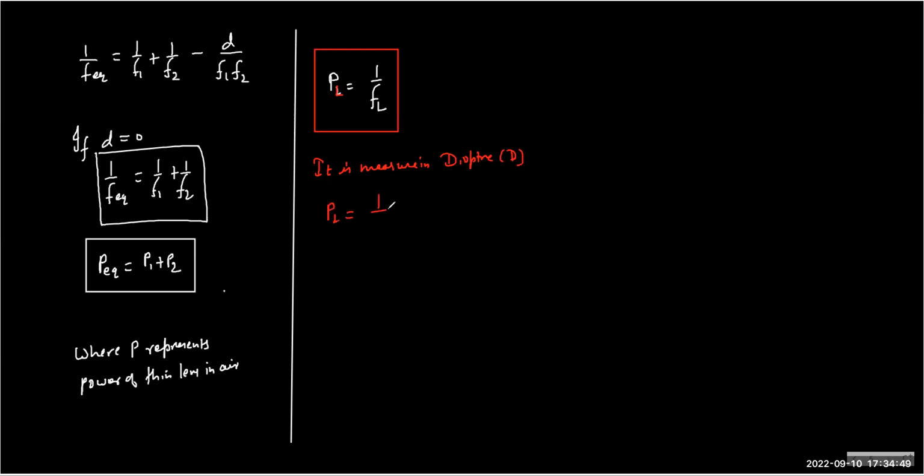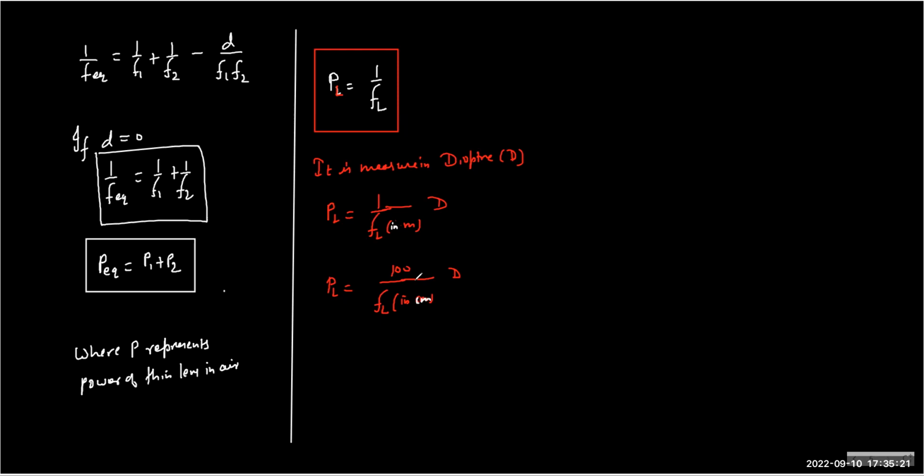When you express the focal length in meters, then power is called diopter. If you want to express in centimeters, we write 100 in the numerator, and it's done.